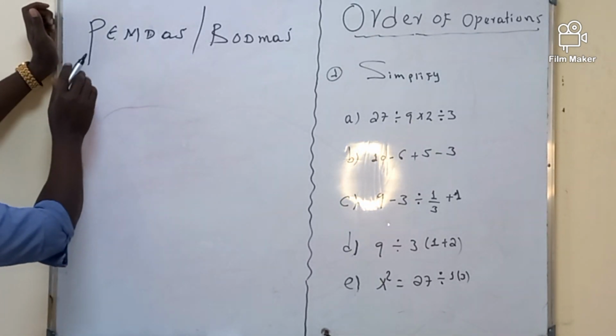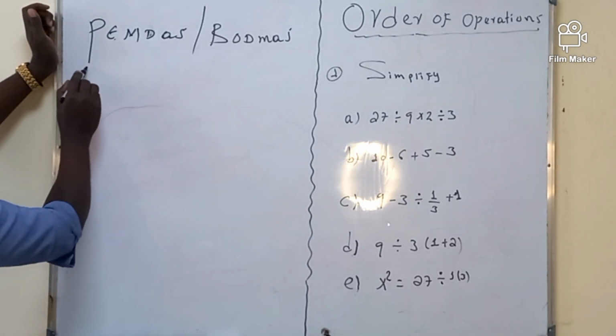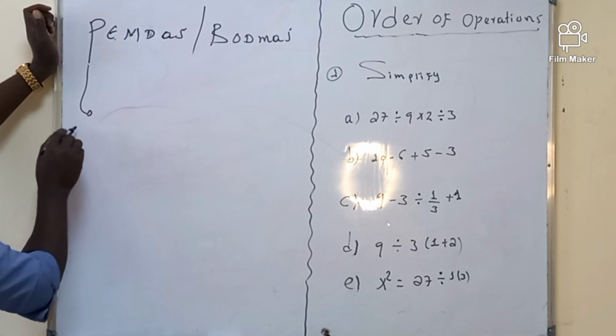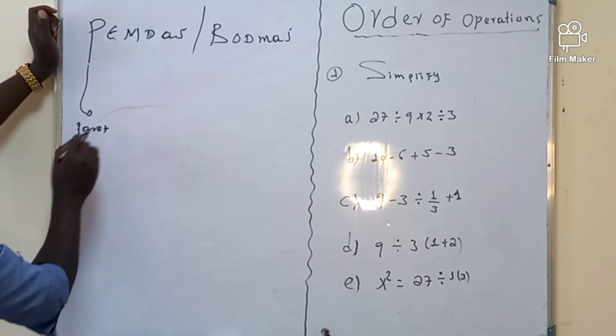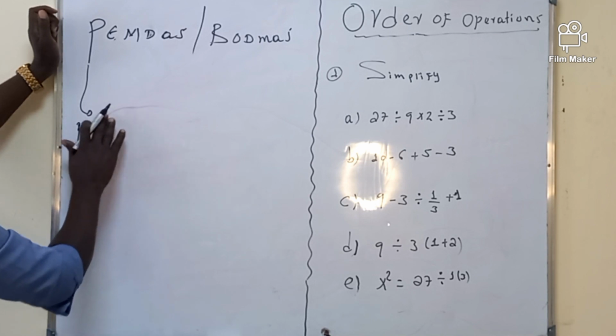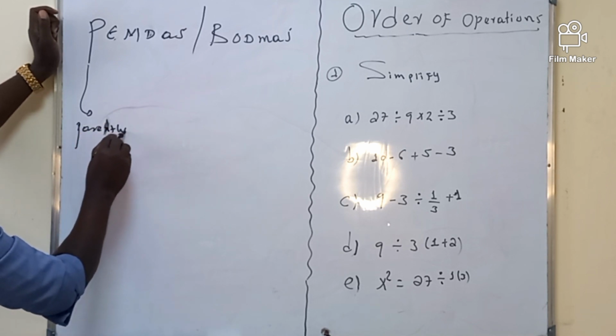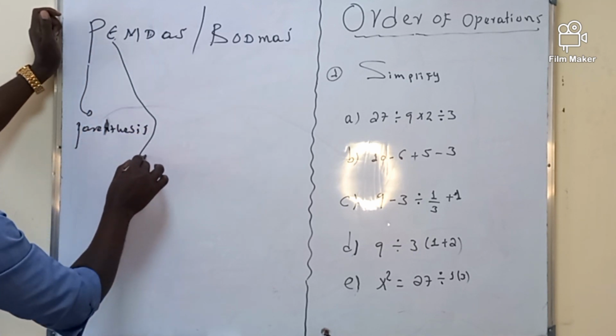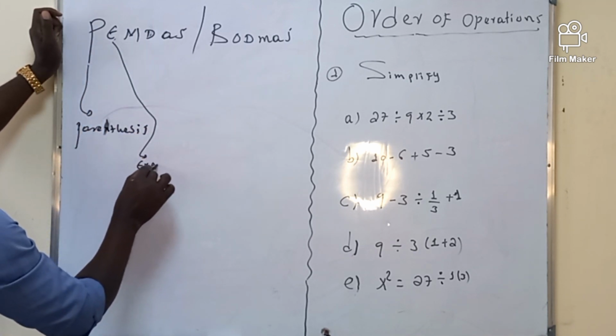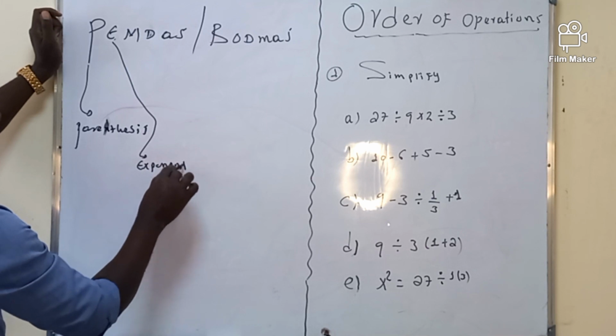So the first letter, P, means parenthesis. And E means exponent.